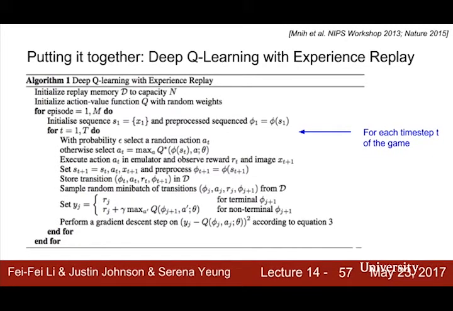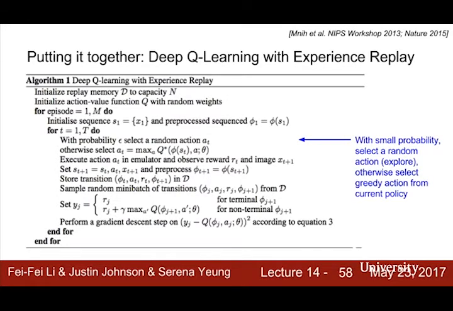And then for each time step of the game that we're currently playing, with a small probability we're going to select a random action. One thing that's important in these algorithms is to have sufficient exploration. So we want to make sure that we are sampling different parts of the state space. Otherwise, we're going to select the greedy action from the current policy.